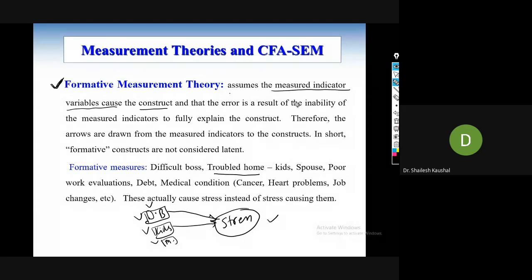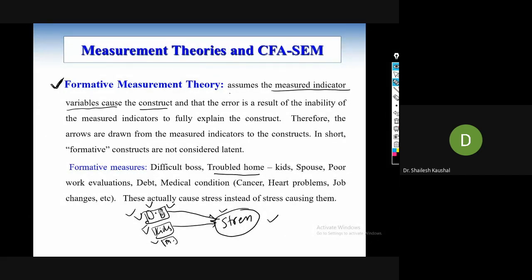formative measurement. The formative measurement theory assumes the measured indicator variables cause the construct, and that the error is a result of inability of the measured indicators to fully explain the construct. Therefore the arrows are drawn from measured variable to stress.